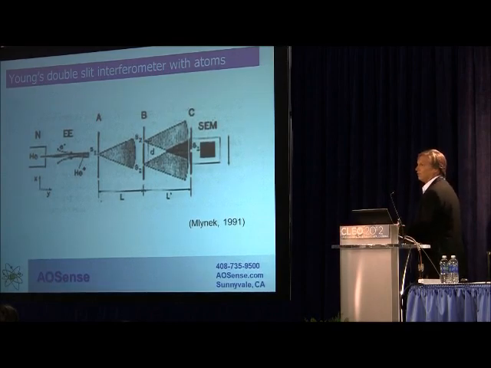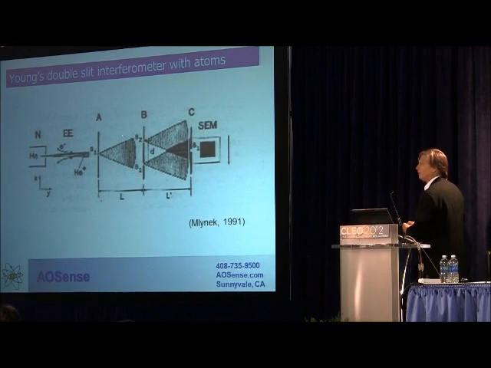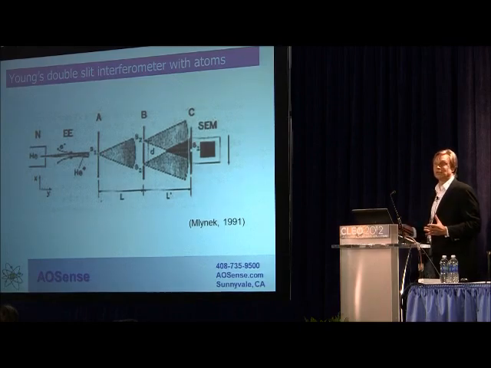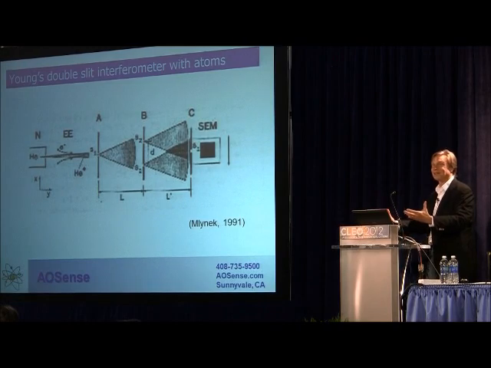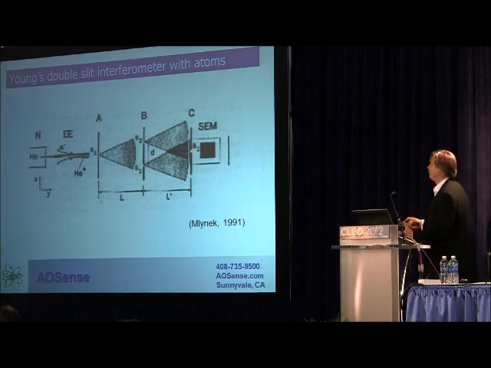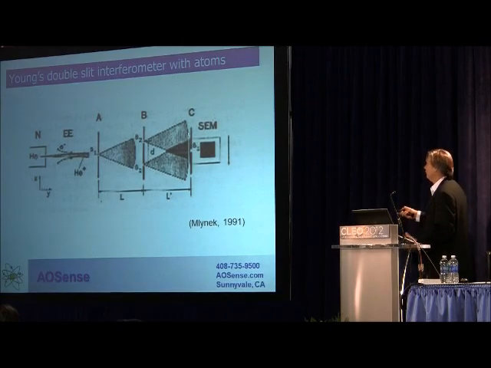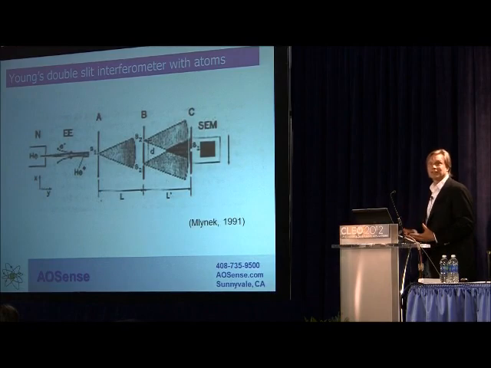And if the geometry of this apparatus is arranged correctly, that diffraction cone can coherently illuminate two more slits, just like a laser beam would illuminate two more slits, giving rise to two more diffraction patterns that wave mechanics teaches us. When they overlap at a detection screen, they must interfere.